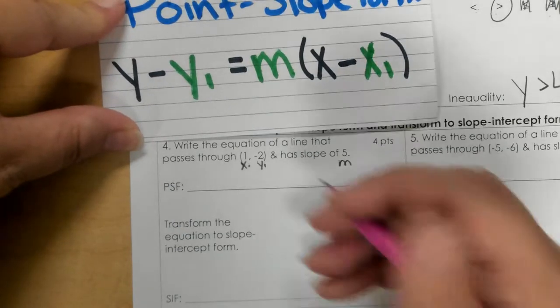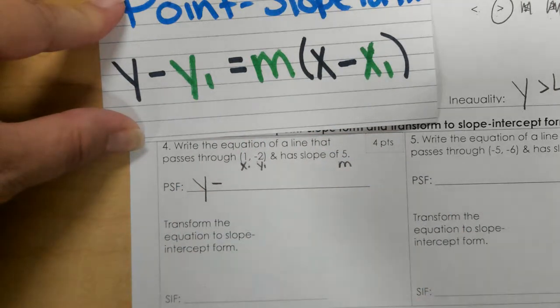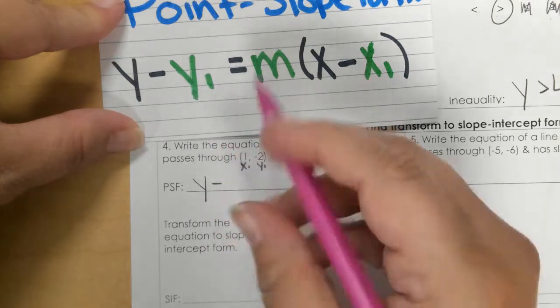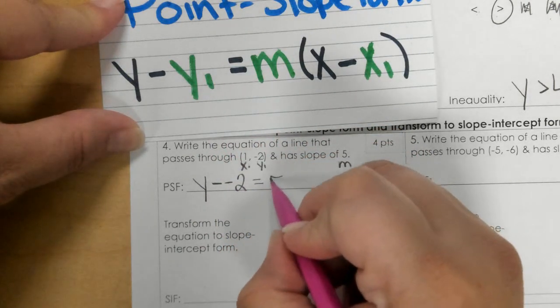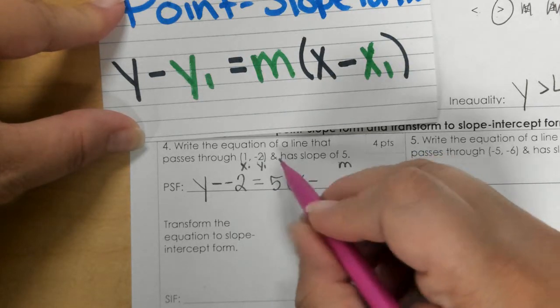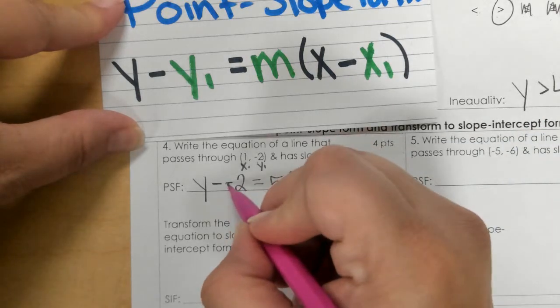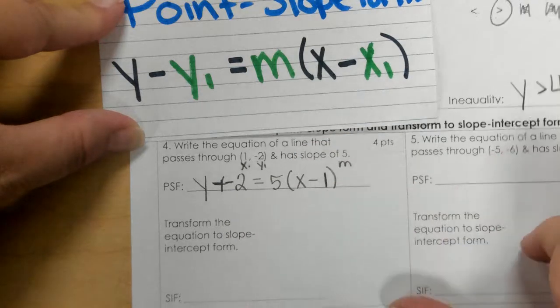So we've got y minus. Okay, y1 is -2. So I'm plugging -2 in right here. M is 5. And then x minus x1, which is 1. Now I know that a double negative should always be a positive. So let's change it to a +2.